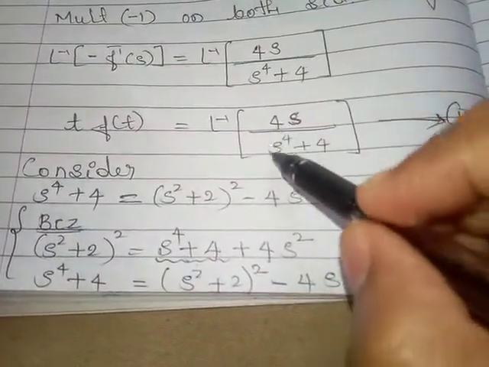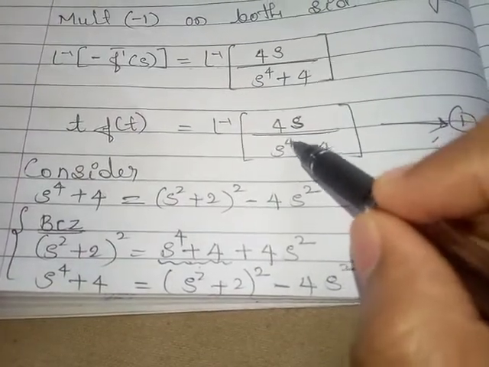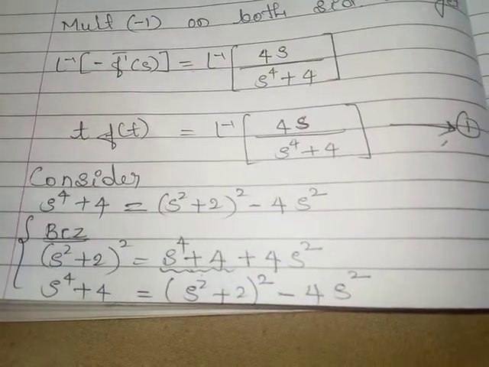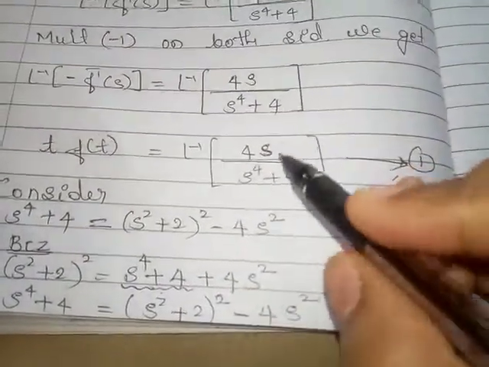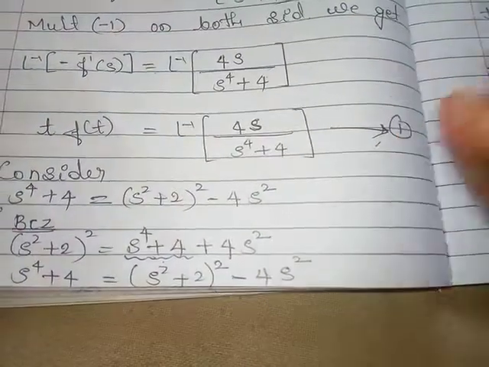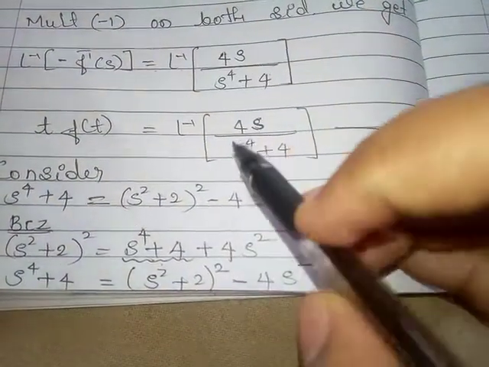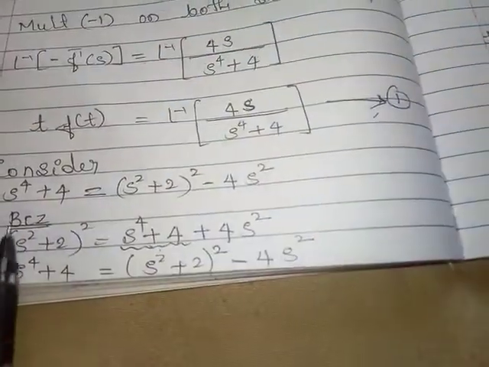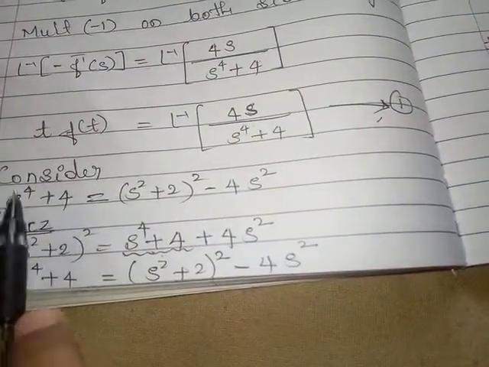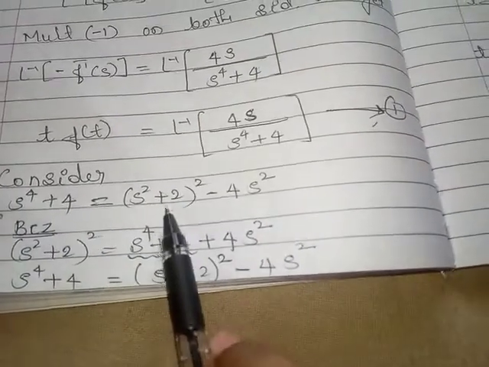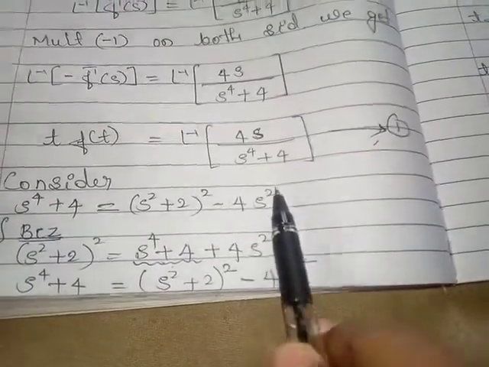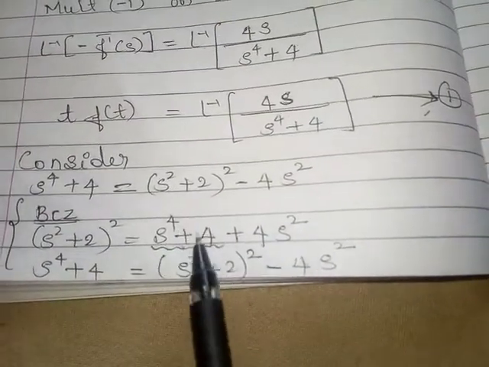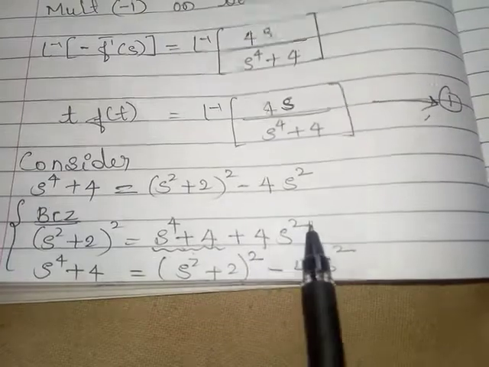See here, in the denominator we have an s raised to 4 term. If it is s square, we will apply the Laplace transform of the cos term, the trigonometric function, but here we have s raised to 4, so we have to consider s raised to 4 plus 4 is equal to s square plus 2 whole square minus 4s square, because s square plus 2 whole square is s raised to 4 plus 4 plus 4s square.